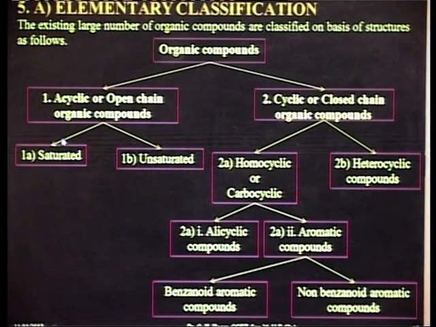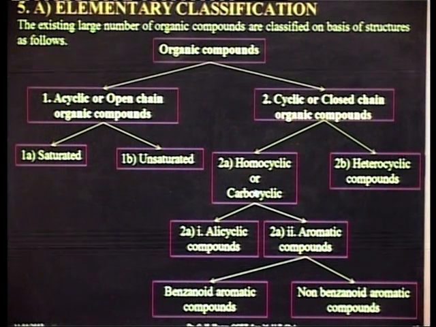organic compounds. Then acyclic compounds can be further classified into saturated, wherein the carbon tetravalency is totally satisfied by four different groups or atoms. If not, then they are called unsaturated. So, acyclic or open chain organic compounds can be classified into two categories, saturated and unsaturated hydrocarbons. And cyclic or closed chain organic compounds can be classified into two broad categories.